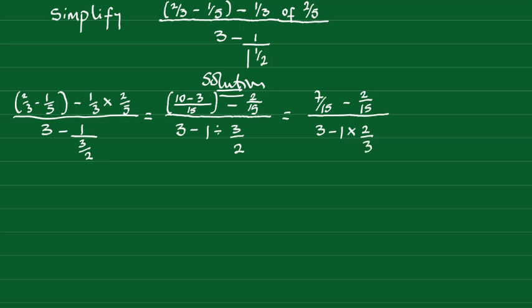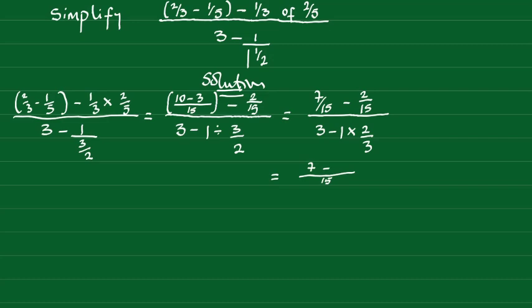Now at our numerator, we have 7 over 15 minus 2 over 15. For the fractions in our numerator, make 15 our LCM. All right. Now 15 into 15 is 1. 1 times 7, we have 7.